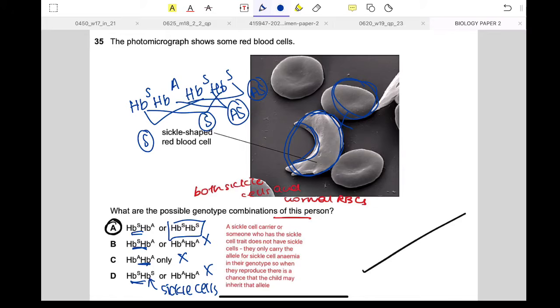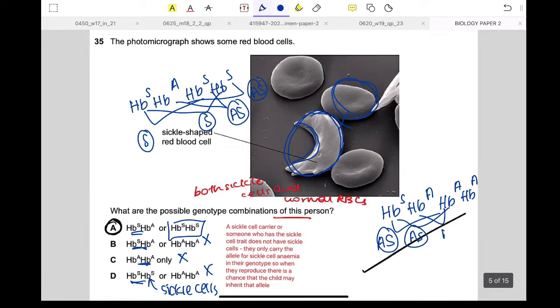Similarly, if we look at B, HBA, SA, or basically this is the genotype. We are assuming this, don't write this actually, but this is, let's say, the person who is a carrier.